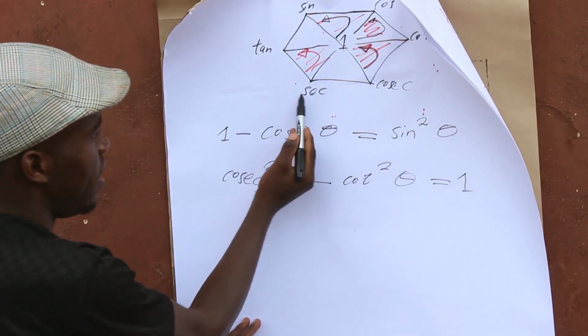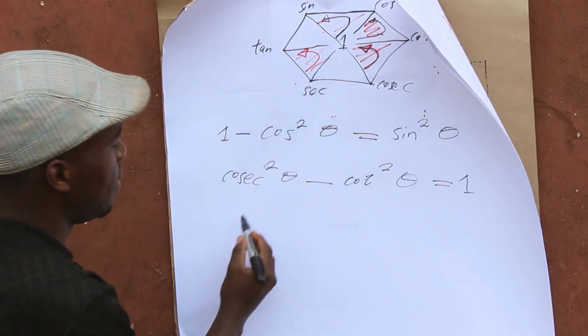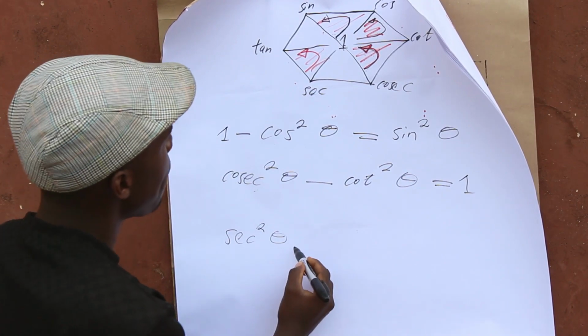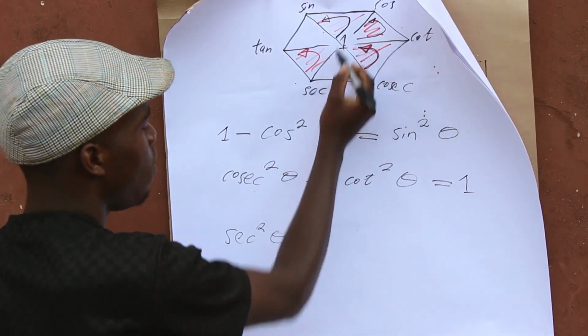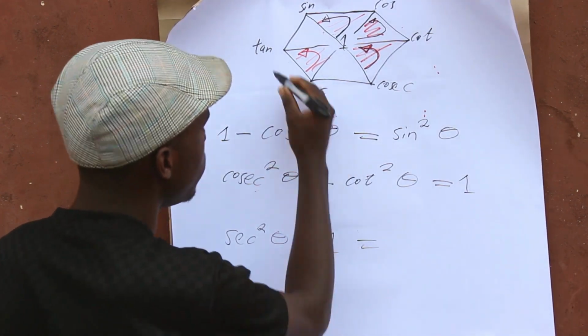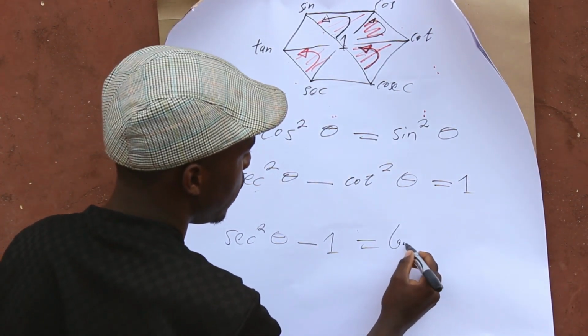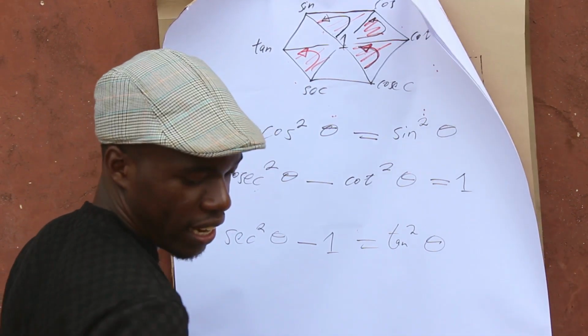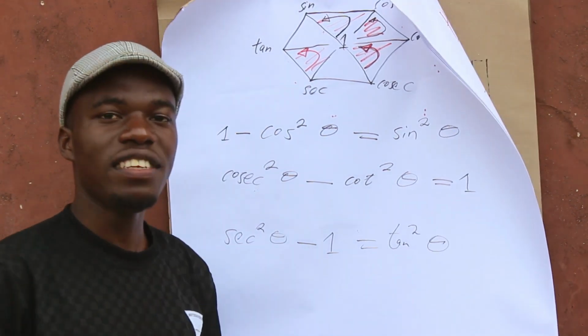The last one here, we are starting where there is secant. Sec squared theta minus, we have 1 at the middle here, 1 equals tan squared theta.